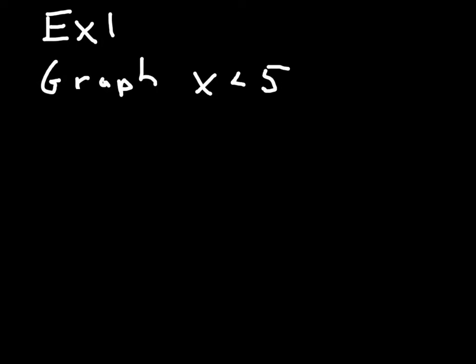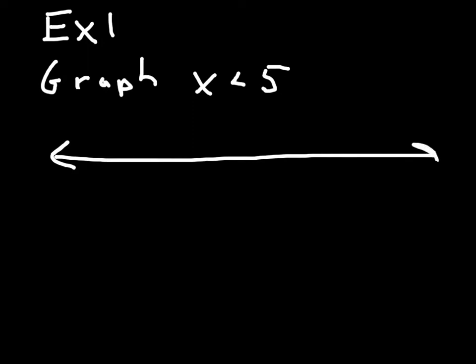So we graph them. You make a line and put arrows on it, because a line keeps going in different directions. I want to show numbers less than 5. Numbers less than 5 would be like 4, 3, 2, and so on.